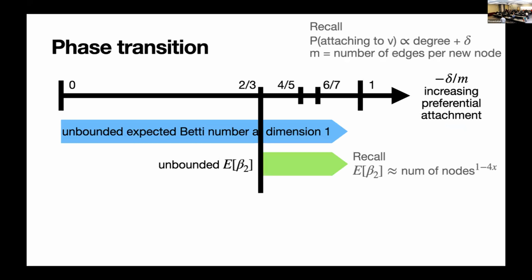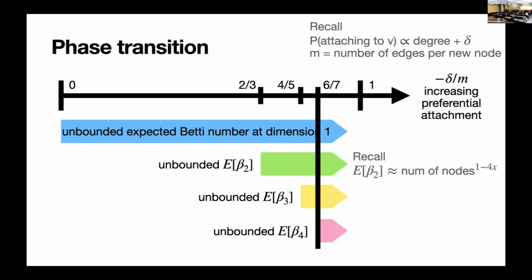The argument simply being that 1 minus 4x will start to become positive, and so we get concave growth. If you further increase the preferential attachment strength, the third Betti number becomes unbounded in expectation, and so on and so forth. So if you increase the preferential attachment strength, more and more complicated topological phenomena can arise.